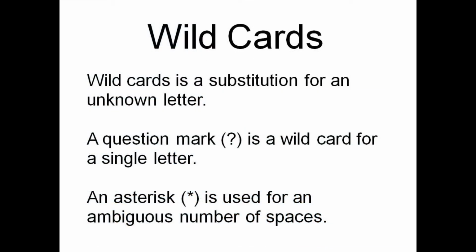When looking for a file, you might not be sure of how that file is spelled. For this reason, we're able to use what are called wildcards. Now, wildcards are done in two different fashions. The first one is a question mark, which signifies an ambiguous character for a single letter. And when we use an asterisk, it'll cover all of the letters to the end of the file that we're looking for.